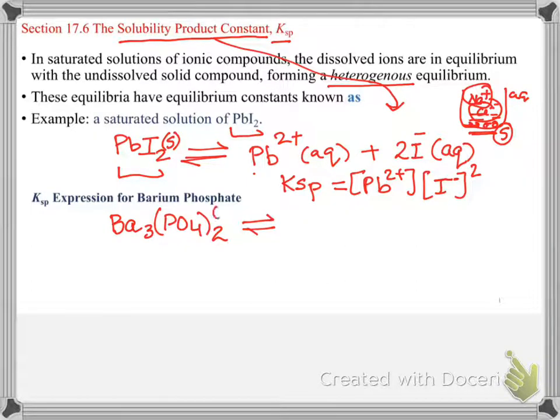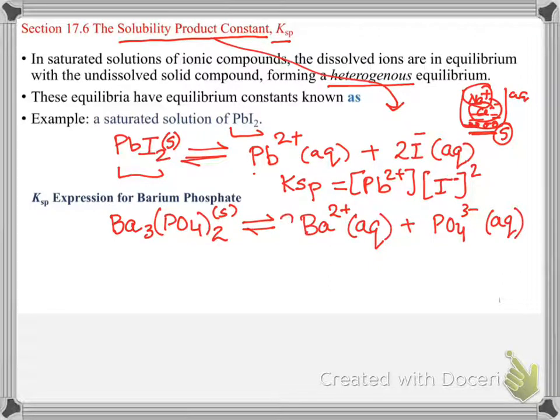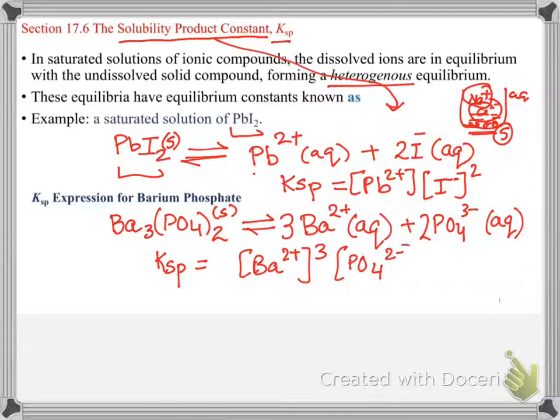And again, this is solid, so it is going to be barium ions, barium 2nd A group, and phosphate ions, and then you balance them. There are 3 barium and 2 phosphate ions. So let's write the KSP expression. It will be the concentration of barium raised to the power 3 times phosphate raised to the power 2.